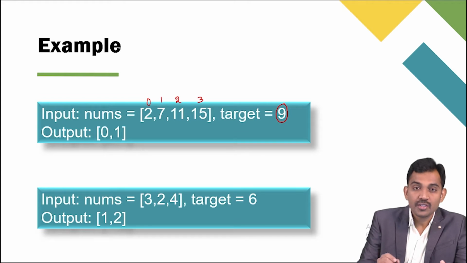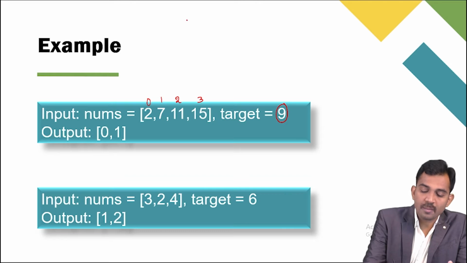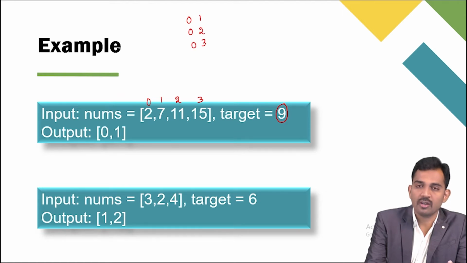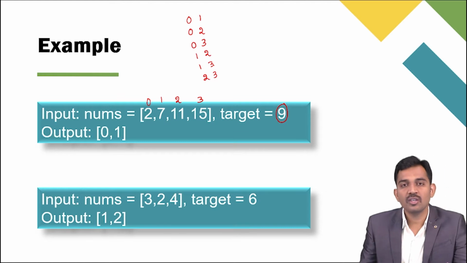For that, you need to find all the combinations of two elements. The combinations are 0,1 as the first, 0,2 as the second, 0,3 as the third, and 1,2, 1,3 and 2,3. These are the combinations of two elements.